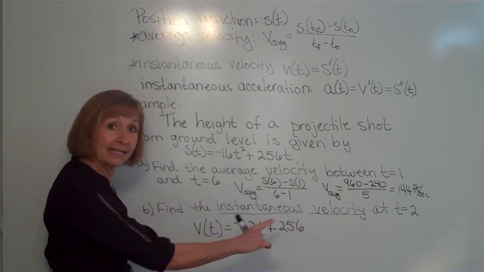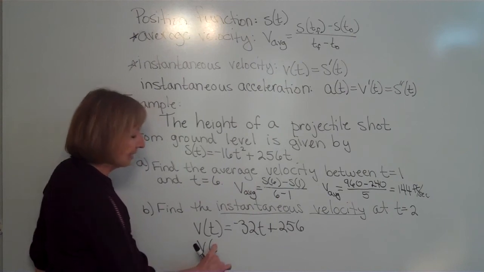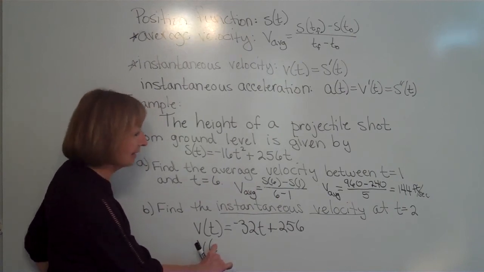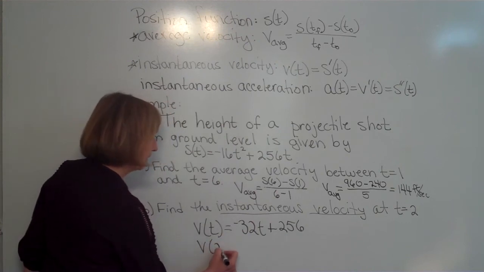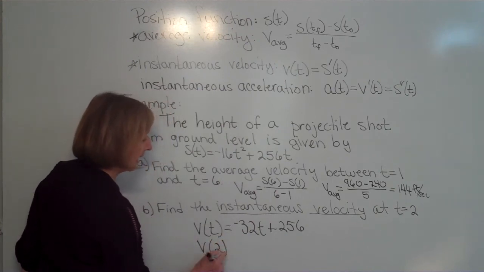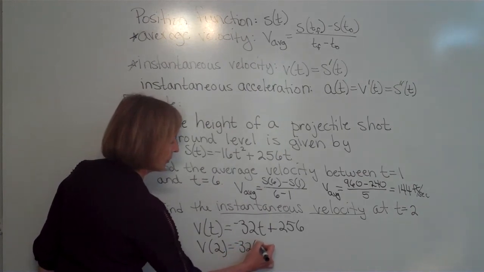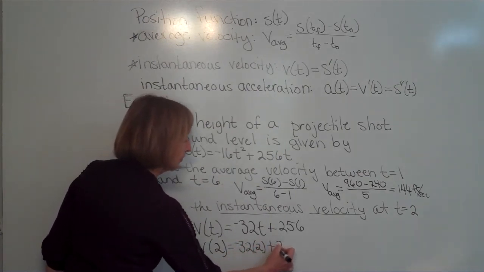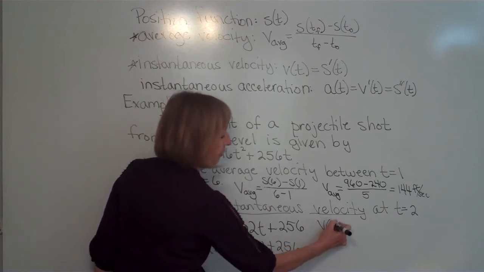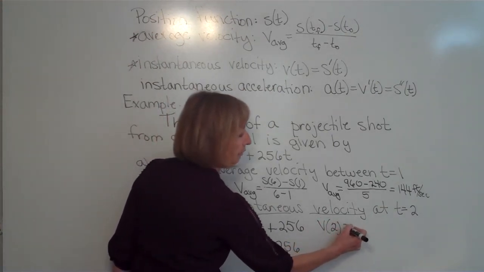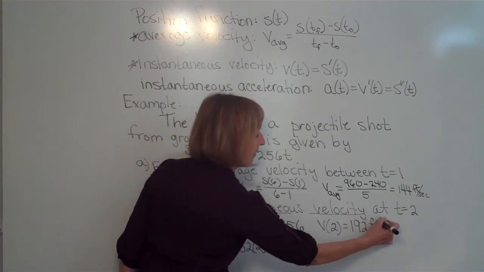And then once I have that instantaneous velocity function, we're going to evaluate it at the time that it's requesting, 2. So you take out the t and put in 2 instead, and we have negative 32 times 2 plus 256, and we get our v of 2 is equal to 192 feet per second.